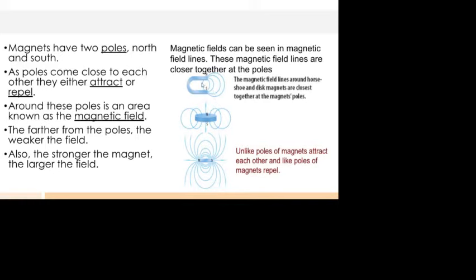The closer you are to the poles of the magnet, the closer these magnetic field lines are, and the further away you get from the poles, the further apart those magnetic field lines get, and the weaker your magnetic field is. Stronger magnets have larger magnetic fields.